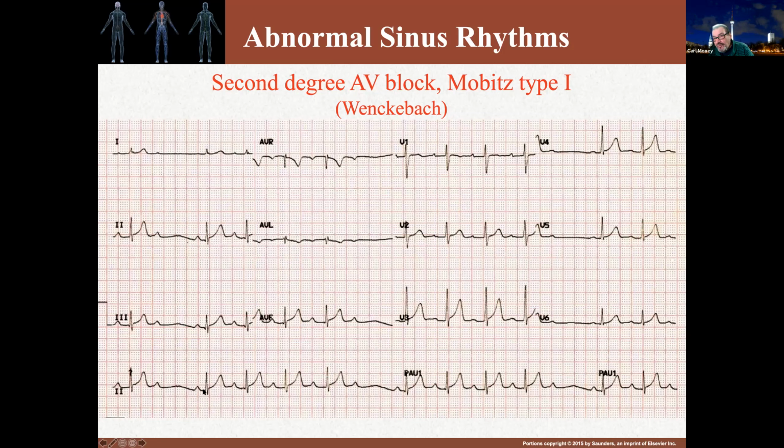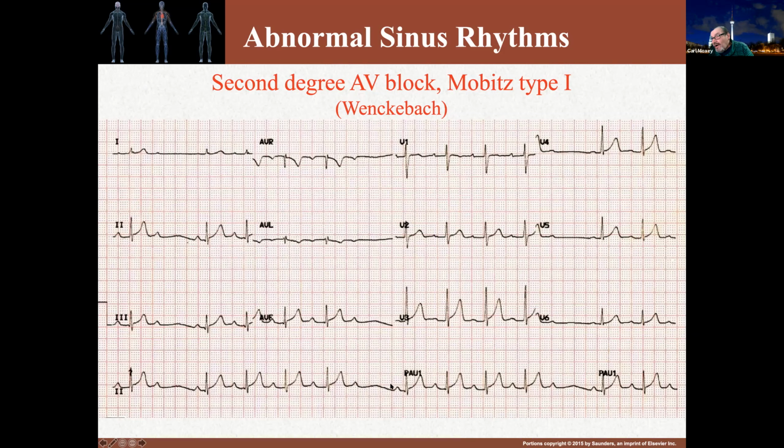Normal looking P wave, fairly normal PR interval, perhaps a little longer than normal. And it looks a little longer here, a little longer, just a little longer here. And now it's gotten to the point where it's just a little bit too long. No QRS.